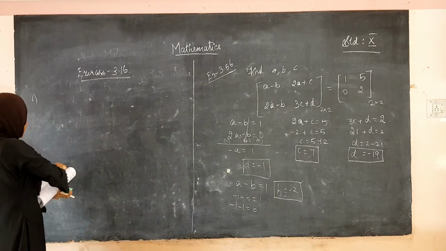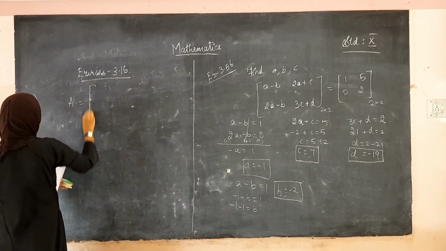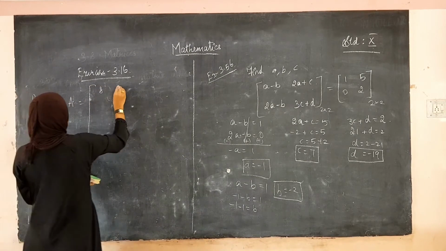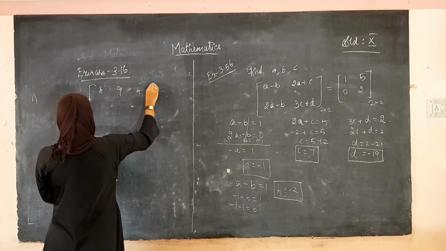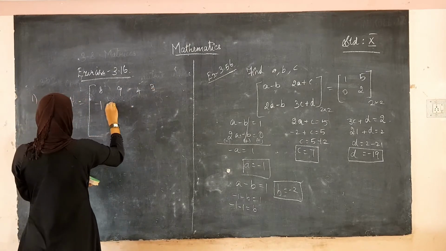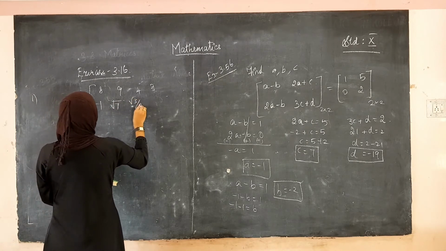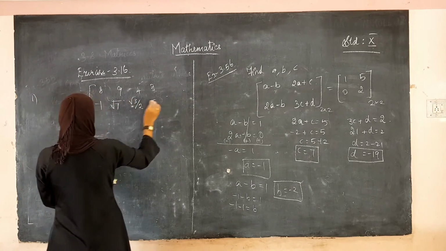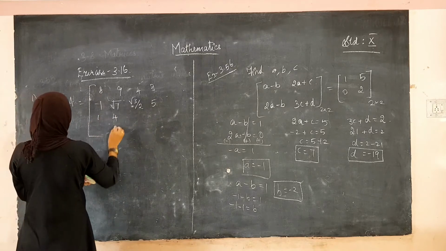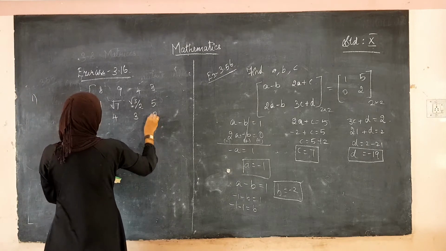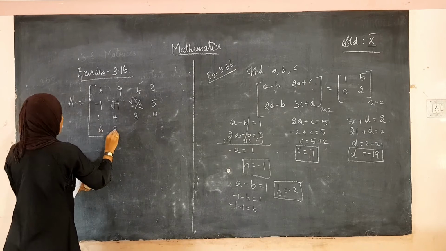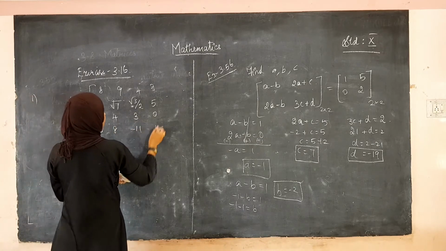In the matrix A, they have given a matrix A: 8, 9, 4, 3, minus 1, root 7, root 3 divided by 2, 5, 1, 4, 3, 0, 6, 8, minus 11 and 1.